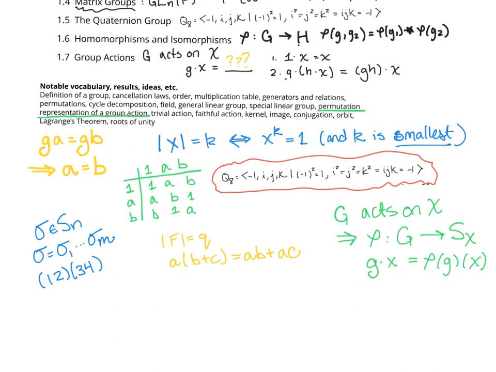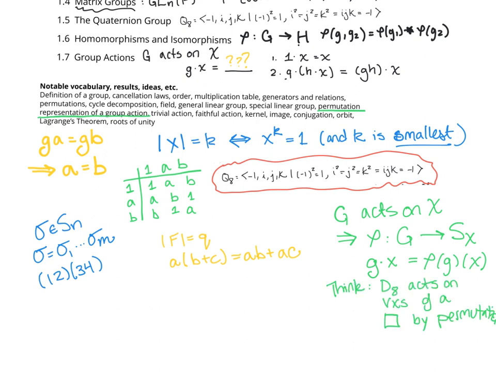That's a permutation. Don't worry about the details or the mechanics on that. Just remember that idea that we can permute the elements of a set according to properties of our group, and maybe that's a way for us to build some kind of isomorphism or some kind of homomorphism.